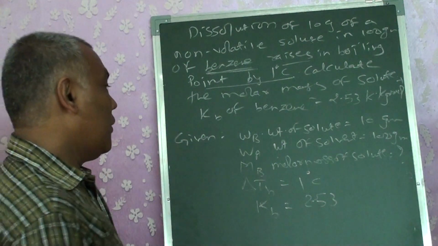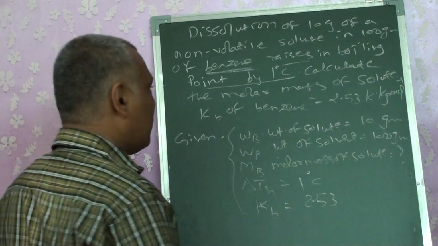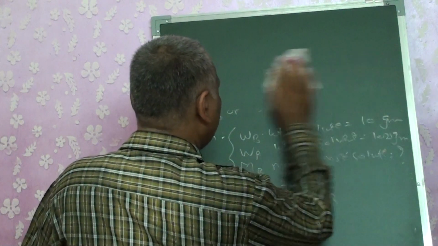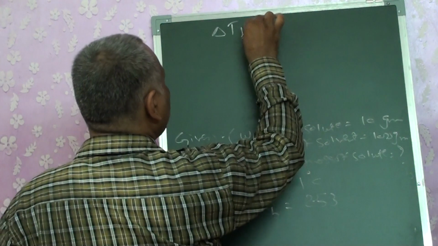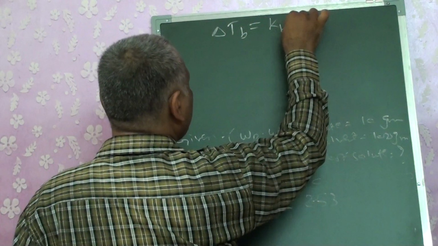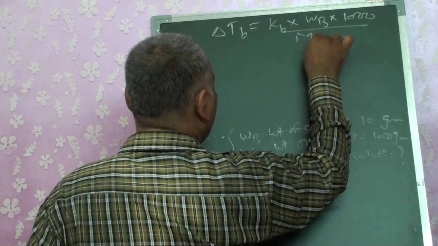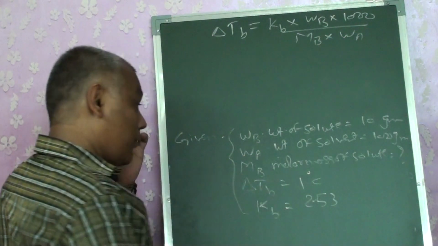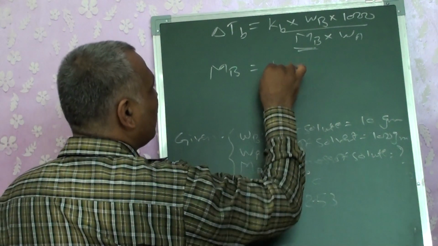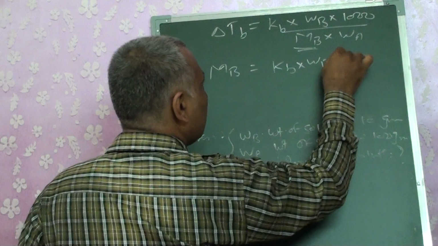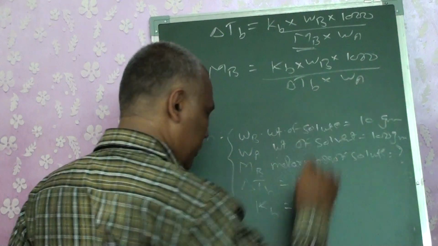Kb is 2.53, right? So using the data given to us, the formula we will apply is delta Tb is equal to Kb into Wb into 1000 upon Mb into Wa. We want to calculate Mb, so making it the subject, we get Mb equals Kb Wb 1000 upon delta Tb into Wa.